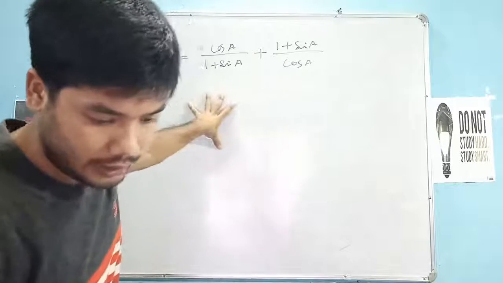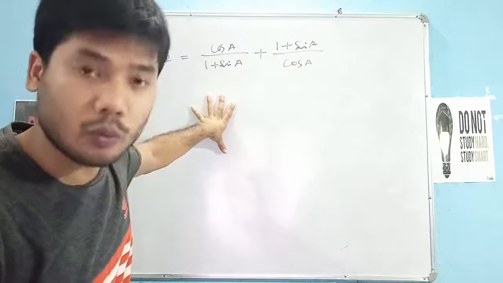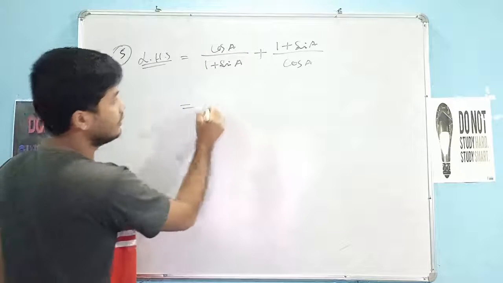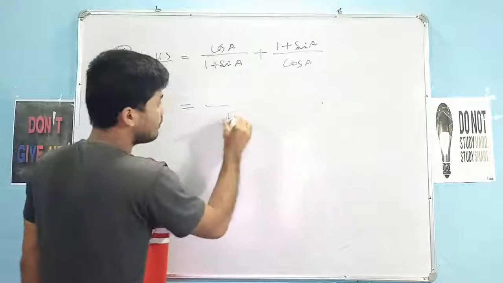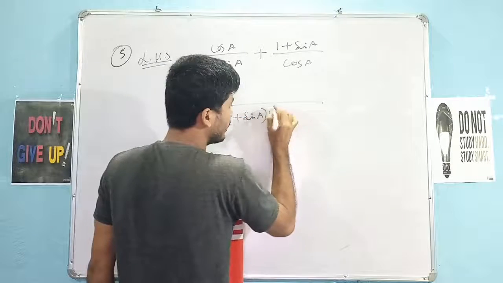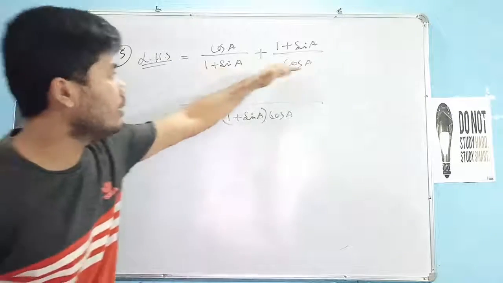Now we need to show the right hand side, and what is it? This is 2 sec A. Well, let's take the LCM first: 1 plus sin A into cos A.